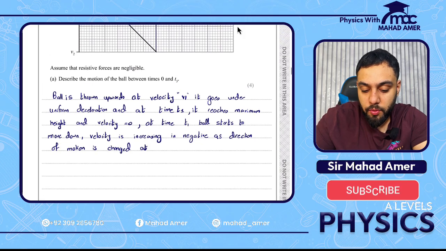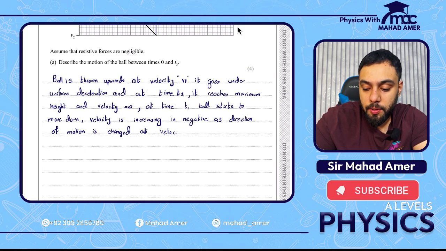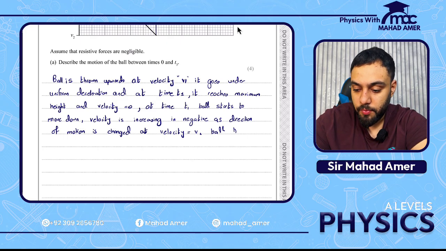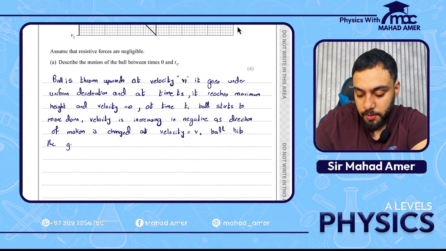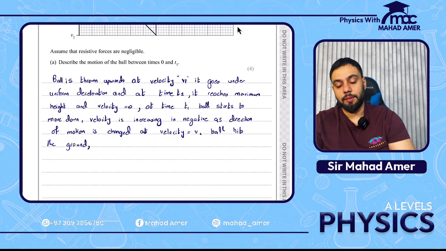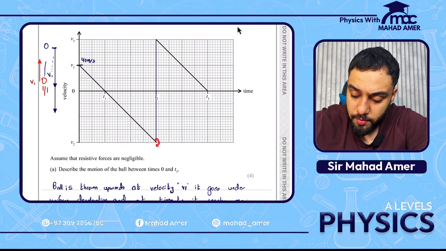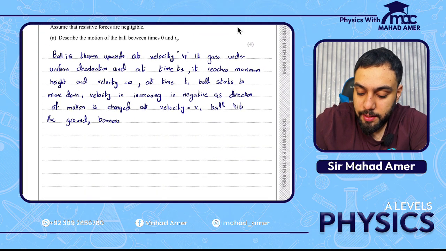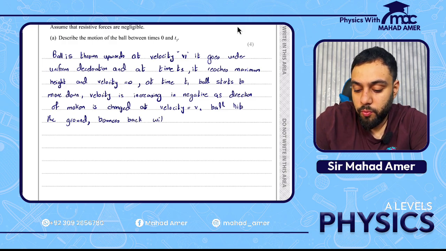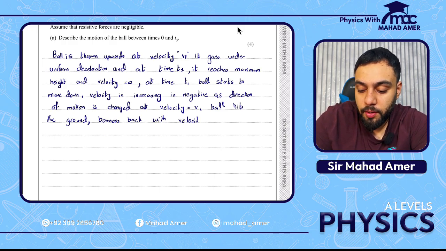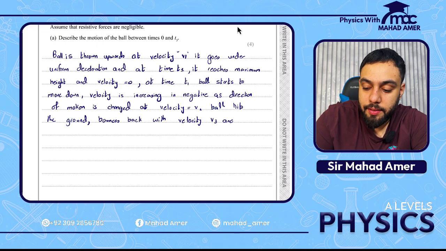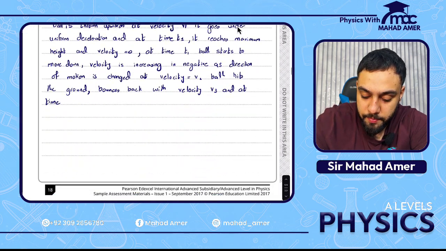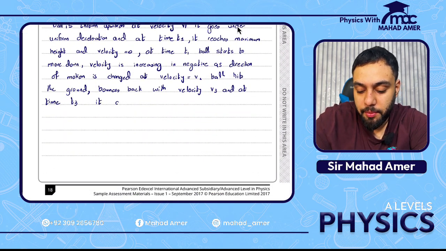At v2, the ball hits the ground. So that's pretty much it. And then it bounces back with velocity v3, and at time t3, it again reaches maximum height and comes to rest.